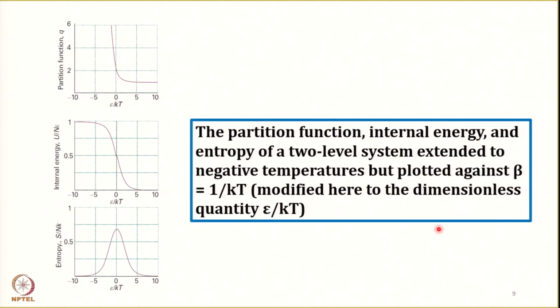And if instead of kT by epsilon I choose to plot against epsilon upon kT, then the variation is going to be as shown in these figures.